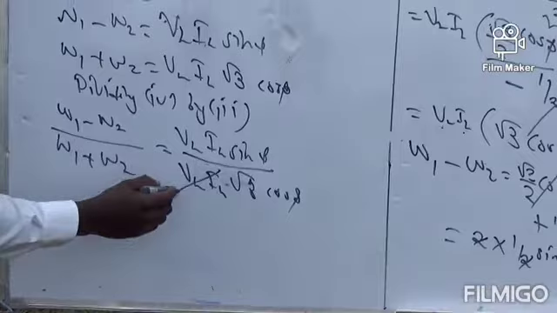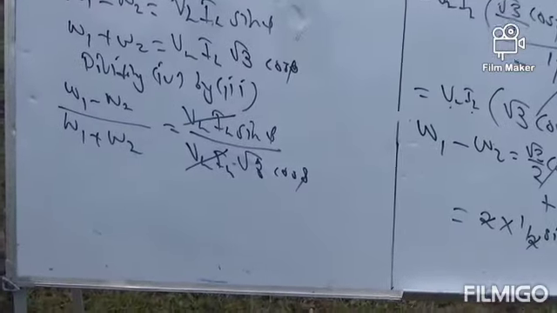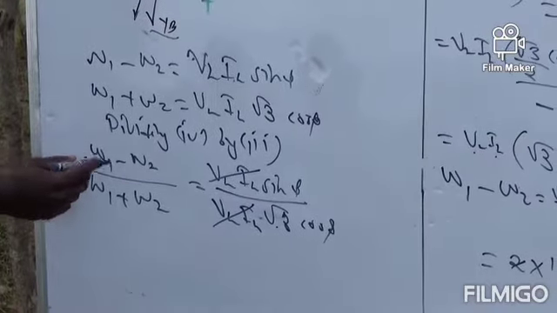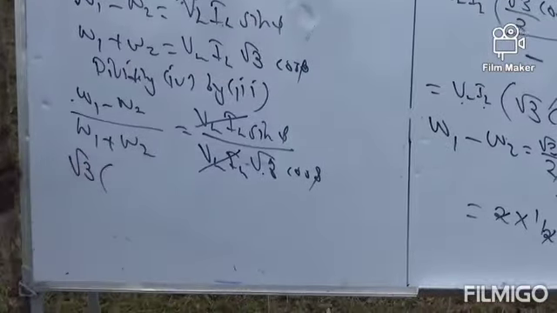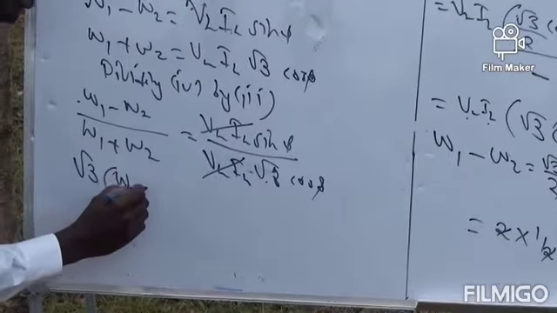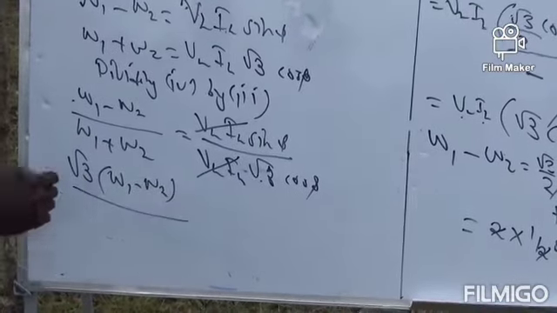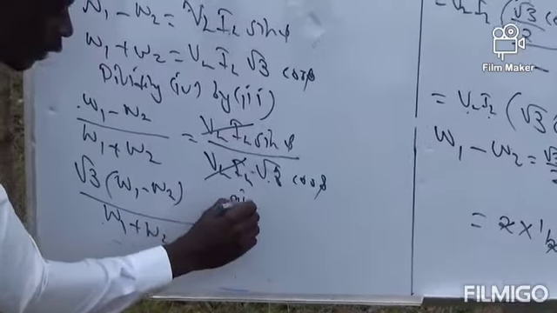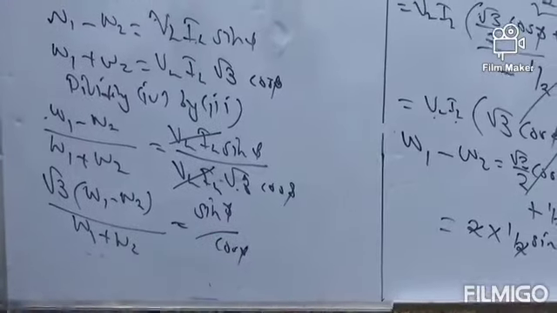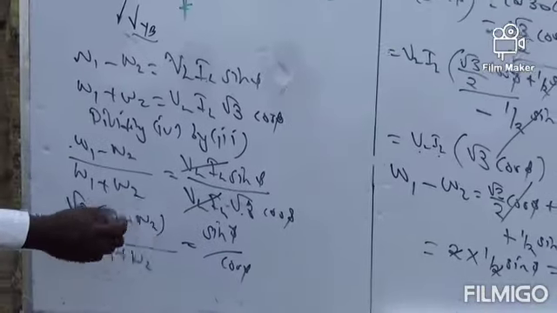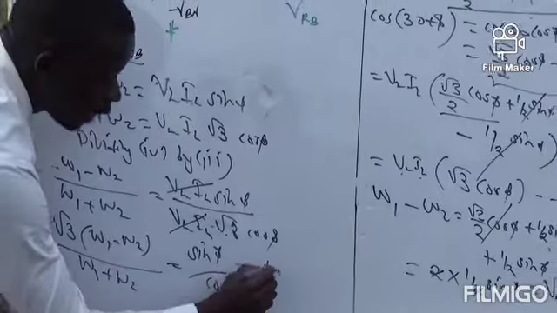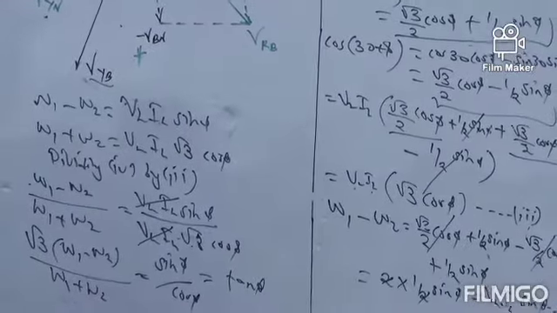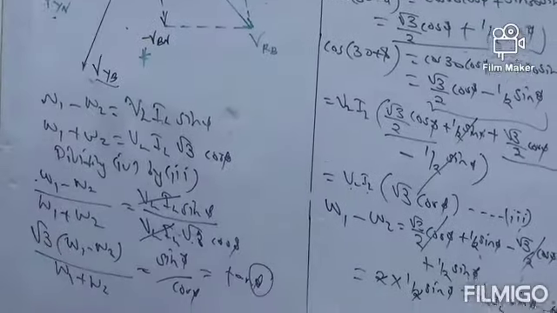You'll realize that this and this will cancel out, and when you cross multiply, this root 3 will come to the other side. So what does it mean? It means root 3 into wattmeter 1 minus wattmeter 2 over wattmeter 1 plus wattmeter 2 is equal to sin phi over cos phi. And we know that sin phi over cos phi will give you tan phi. So in this expression, we are interested in getting this Phasor angle.